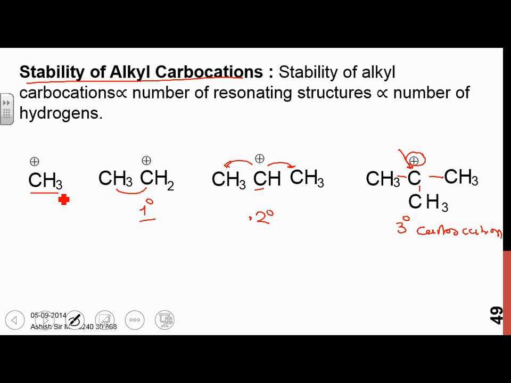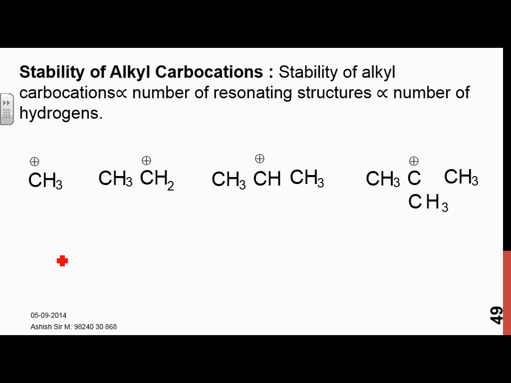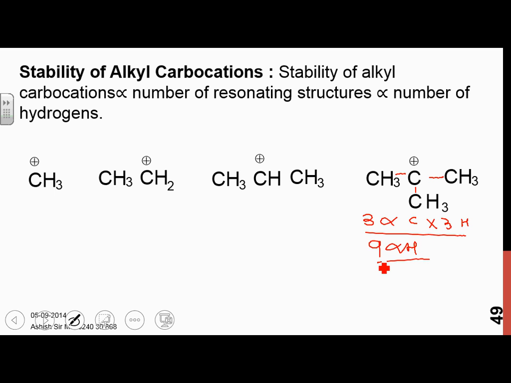Now, here hyperconjugation will take place, and during hyperconjugation, one thing will happen. Since tertiary carbocation has 3 alpha carbons and each has 3 hydrogens, overall it has 9 alpha hydrogens. So here 9 times resonance will take place. That's why this is most stable out of all these.